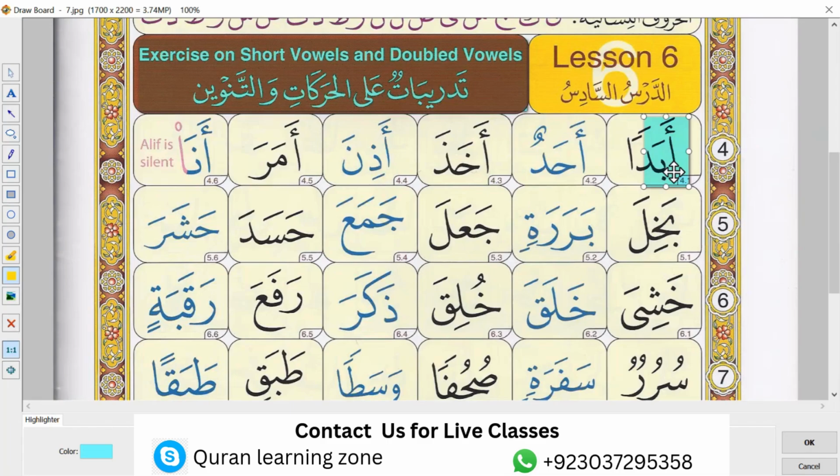Now read both letters joining with our spelling, its sound is Aba, and next one is here Dal two Zabar. Then you have to read this in lesson number 5, and now you read all the letters joining with our spelling. Its sound is Abadan. You read like that, Abadan.